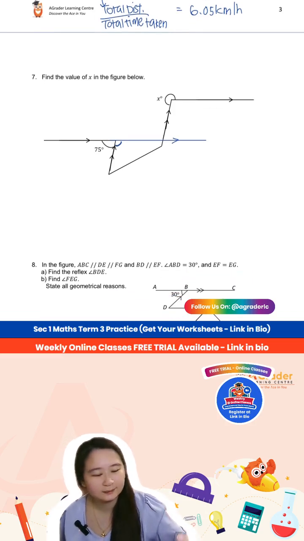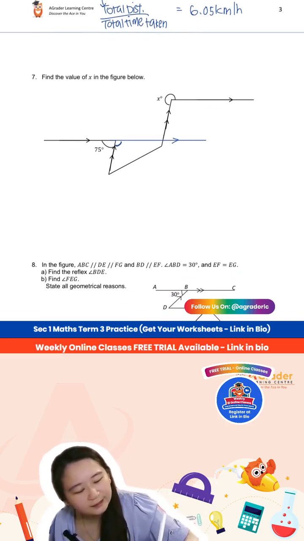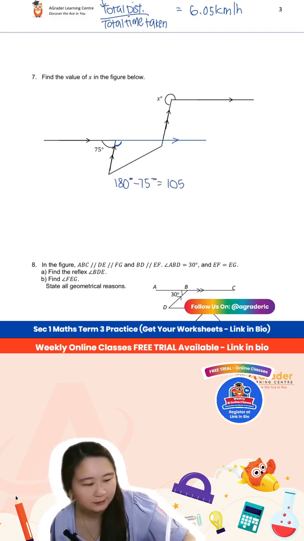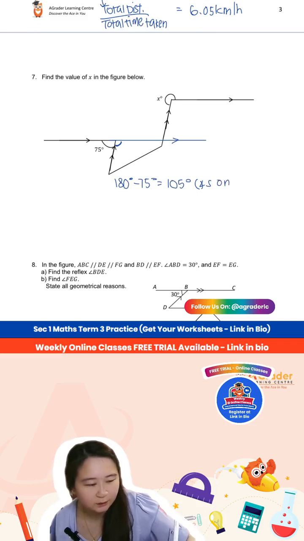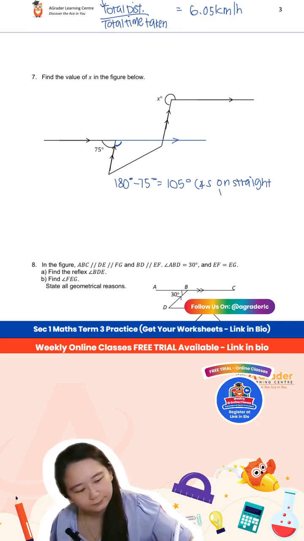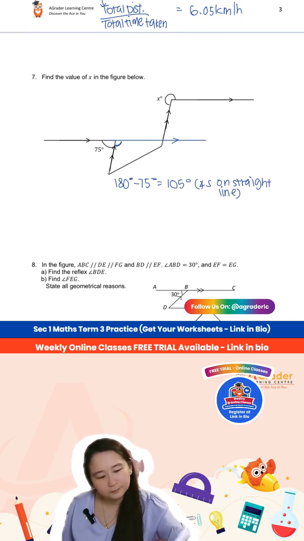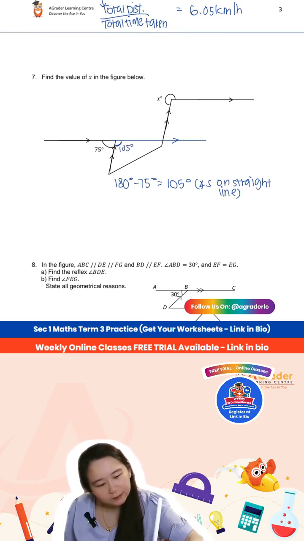Okay. So to find this angle, we take 180 degrees minus 75 degrees using angles on a straight line. So here is 105 degrees.